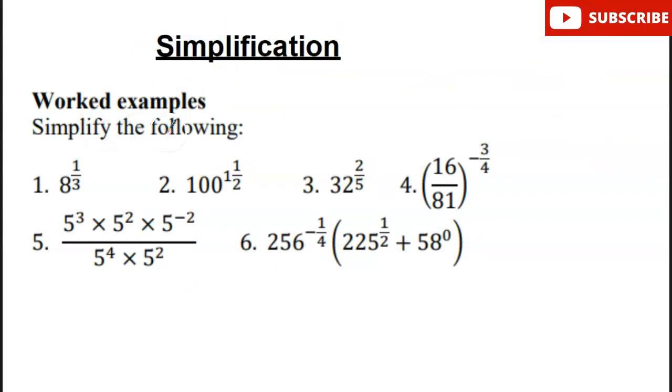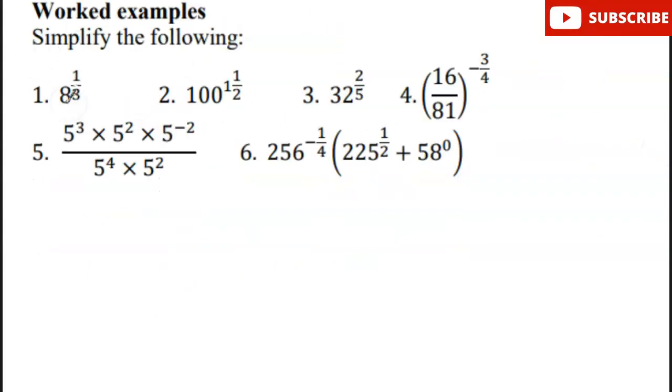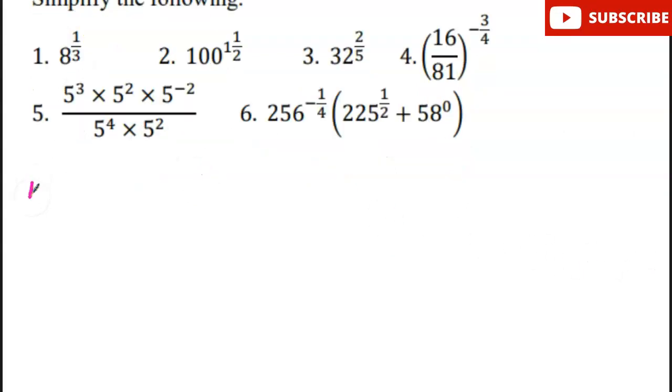Now, simplify the following. The first one is 8 raised to the power 1/3. So, number 1, 8 raised to the power 1/3. Now listen, when you are given something like this, what you need to do is to ask yourself, how can I break the base into indices so that I'll be able to simplify?